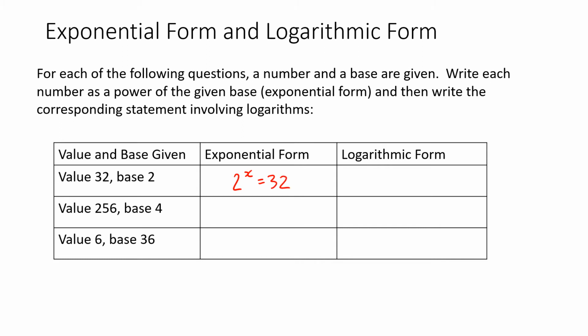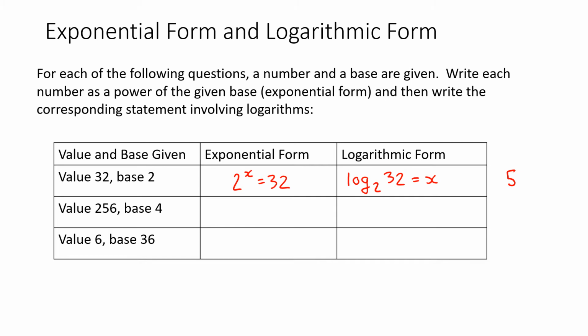In logarithmic form, remember you're solving for the exponent. So you have the logarithm, your base is 2, and your value is 32, and that's equal to some value of x, some exponent. In this case, the value of x is actually 5, but I wanted to show you this for the purposes of our demonstration.